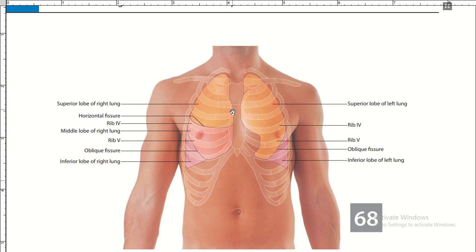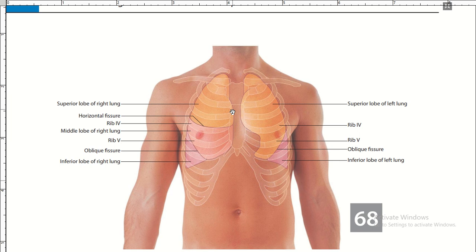These include the elevatores costarum, the serratus posterior superior, the scalenus anterior and scalenus medius, as well as your pectoralis minor and pectoralis major.